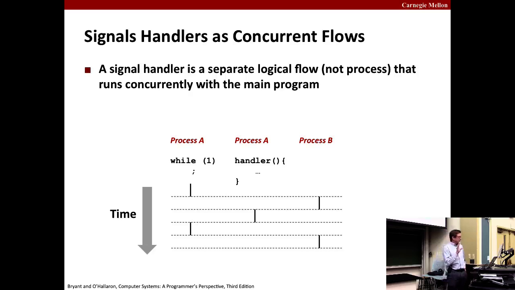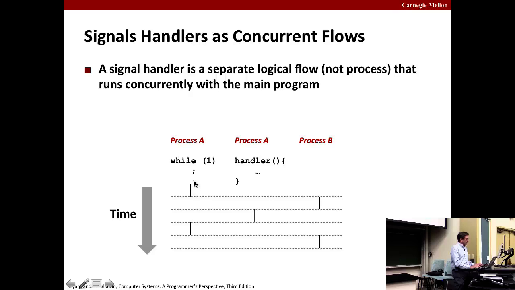Now, signals are another form of concurrency. This is the second time in this class that you've experienced concurrency. A signal handler is just another logical flow that runs concurrently with your program.